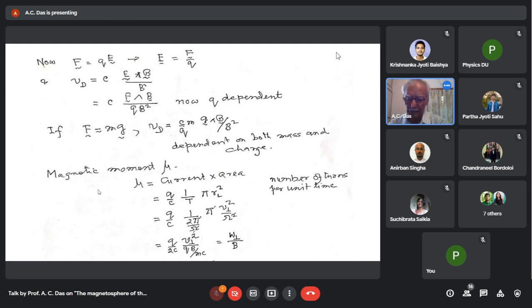Now we make some simplification, and then you can make the integration.